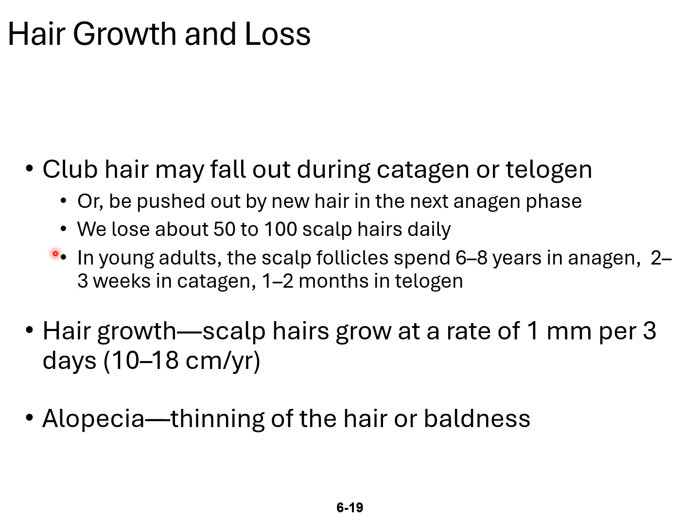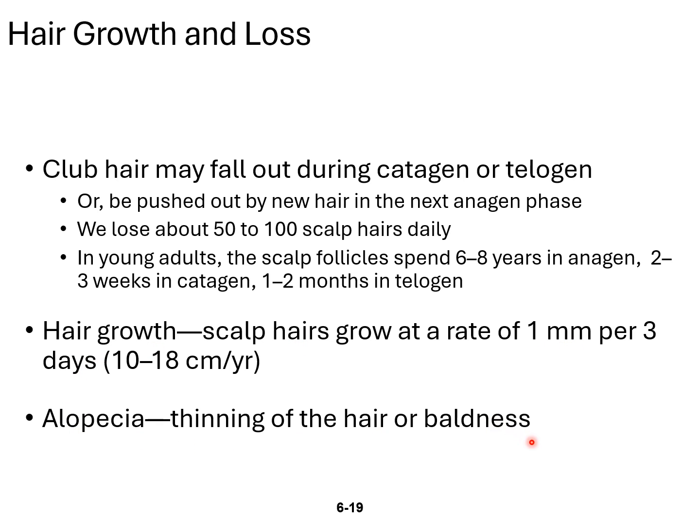So you also have other stuff. Club hair might fall out the older you get. We lose about 50 to 100 scalp hairs daily, and you're probably like, oh my God, that's a lot. We start growing all these hairs, and what happens with hair growth, the scalp hair grows at a rate of 1 millimeter per 3 days.